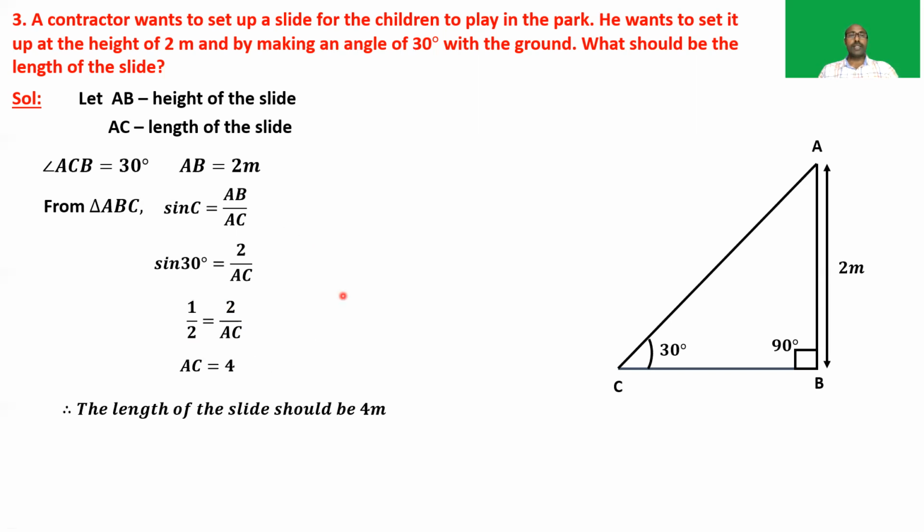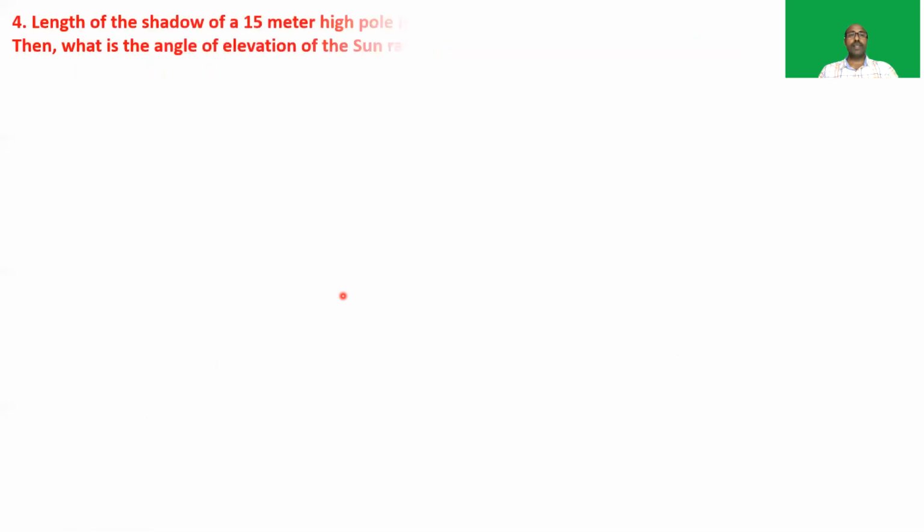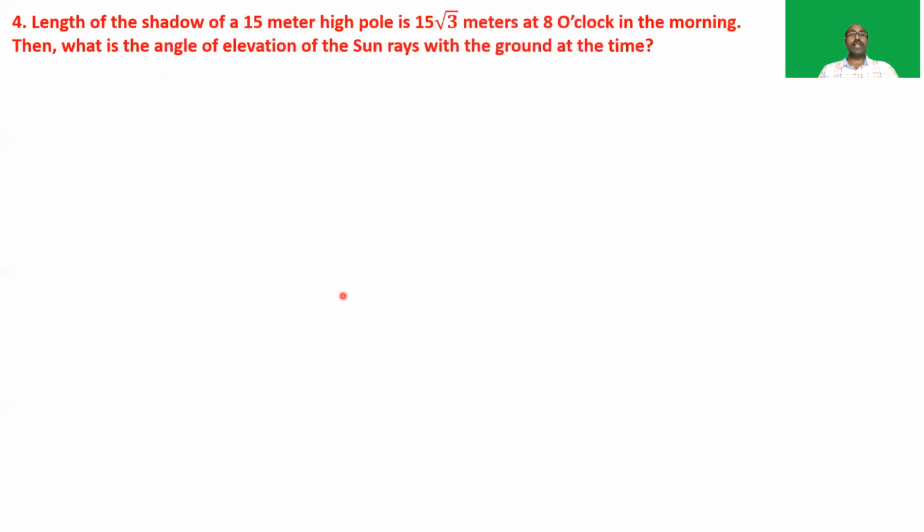So the next question is, the length of the shadow of a 15-meter high pole is 15 root 3 meters at 8 o'clock in the morning. Then what is the angle of elevation of the sun rays with the ground at that time? Okay.